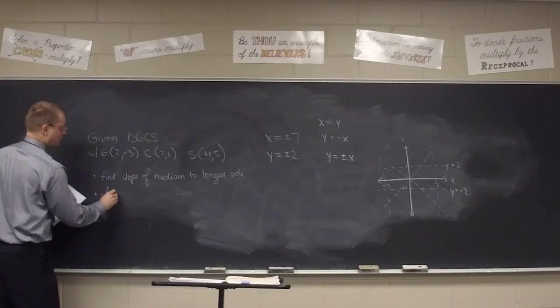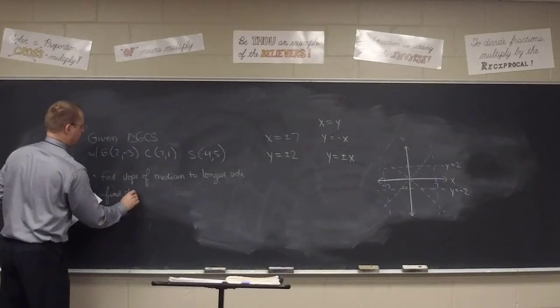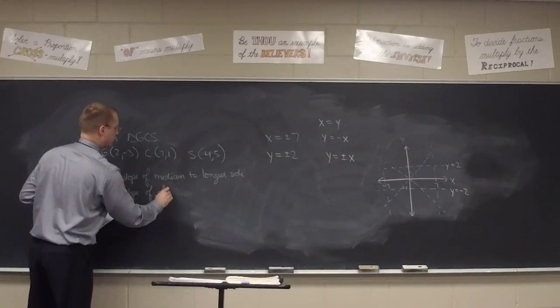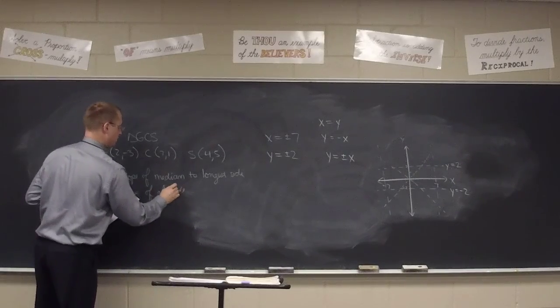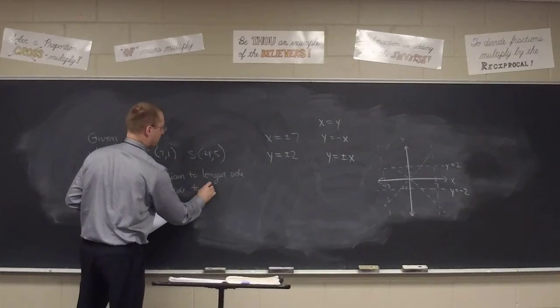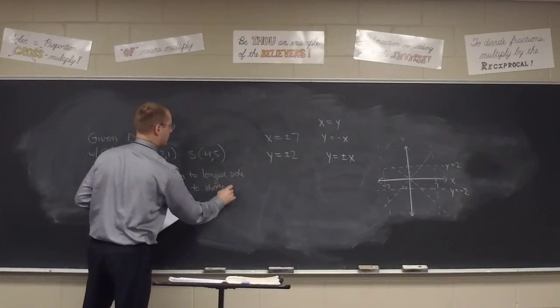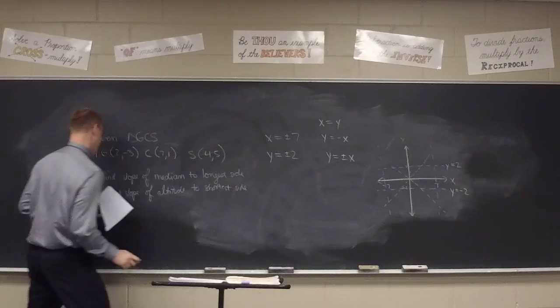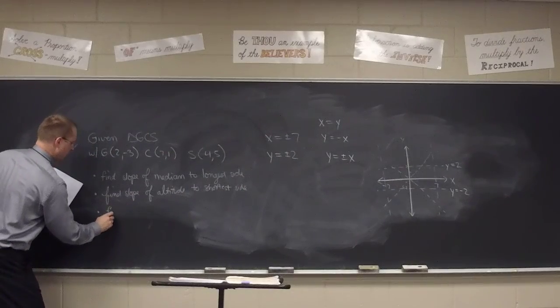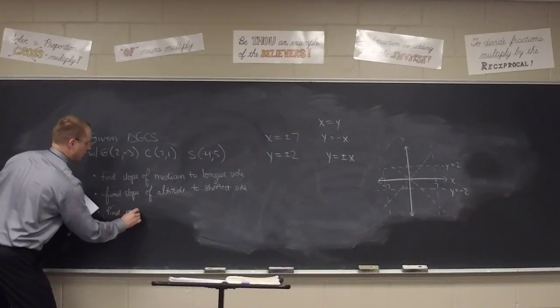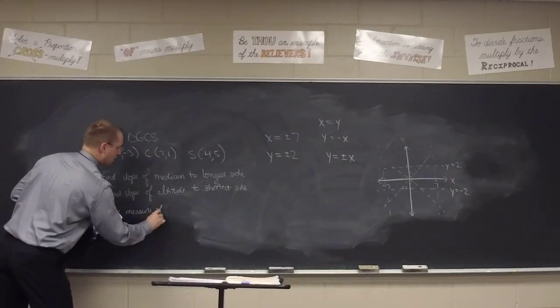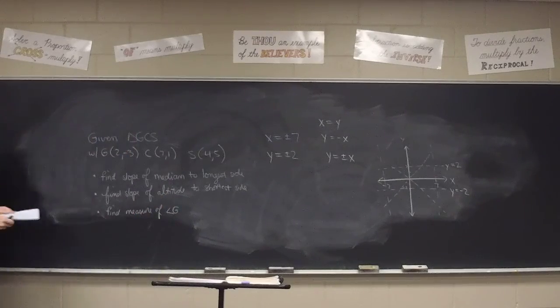I want you to find the slope of the altitude to the shortest side, and I want you to find the measure of angle G. The slope of the median to the longest side, the slope of the altitude to the shortest side, and the measure of angle G.